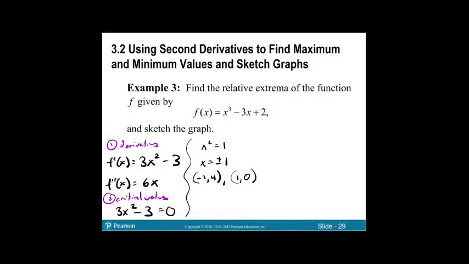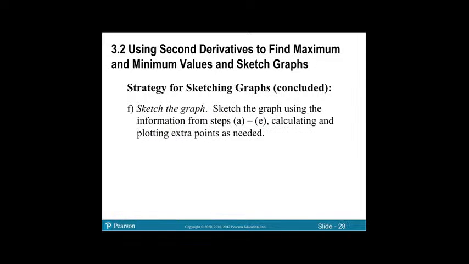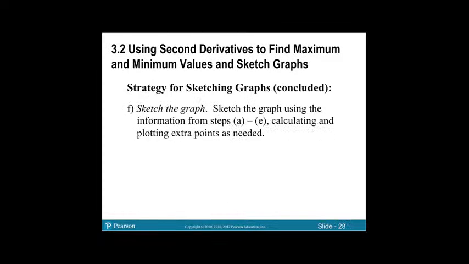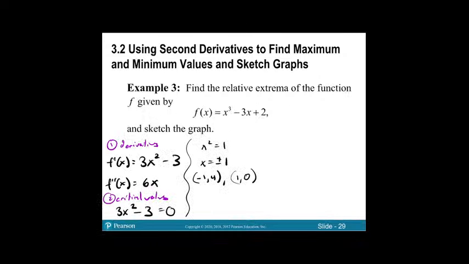So then we need to determine if it's an extrema with the second derivative test. I'm just going to say extrema. Okay, so we're going to take those x values and plug them into the second derivative.